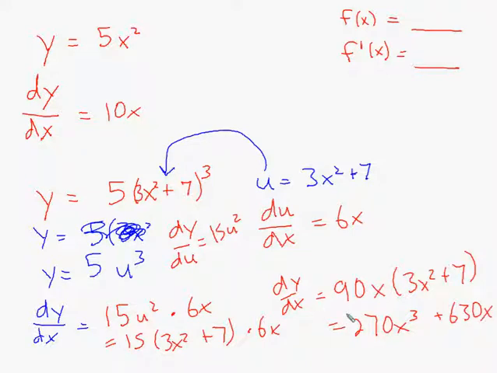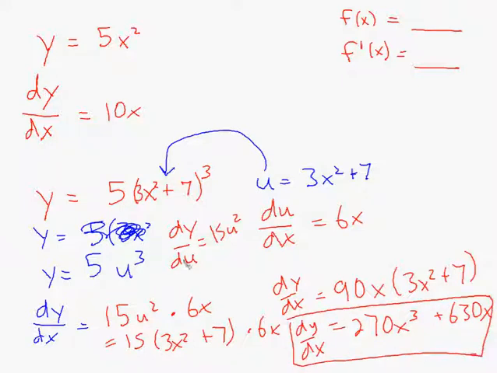Okay, now I'm going to say, well, y equals 3u to the 5th. I find dy du, and I find du dx. I find this derivative. What's that derivative? Yes, 15u to the 4th. And then I find this derivative. What's that derivative? 12x squared.